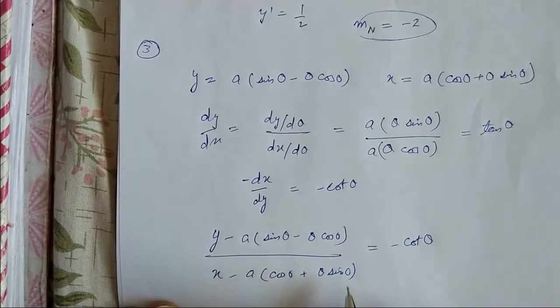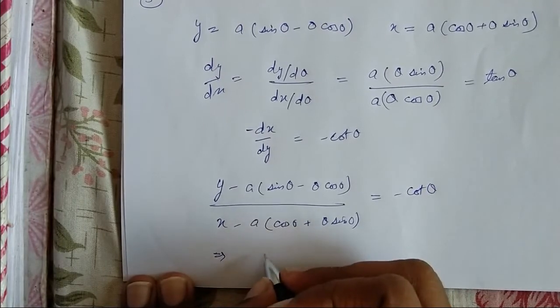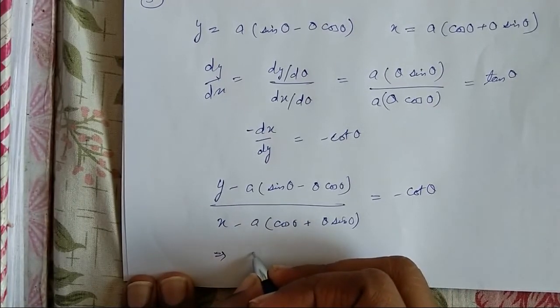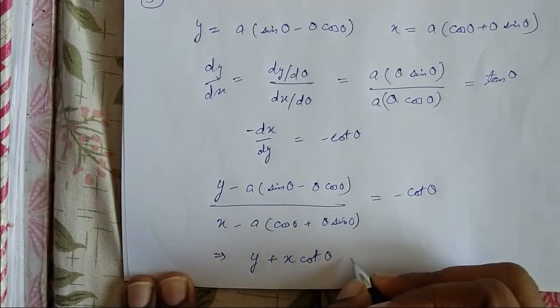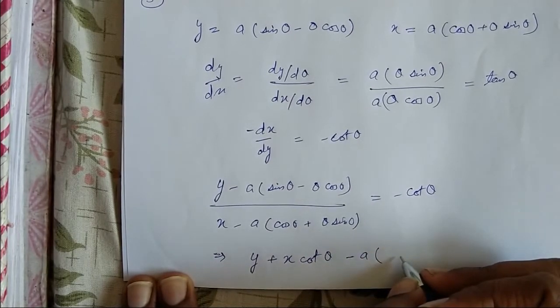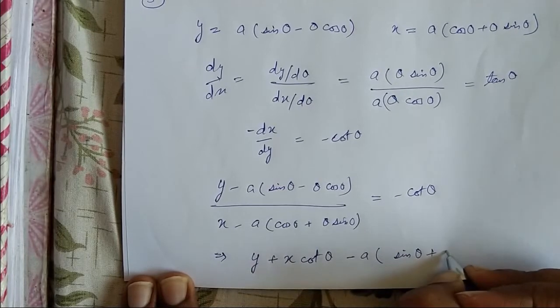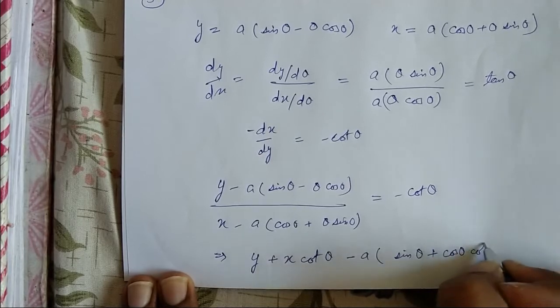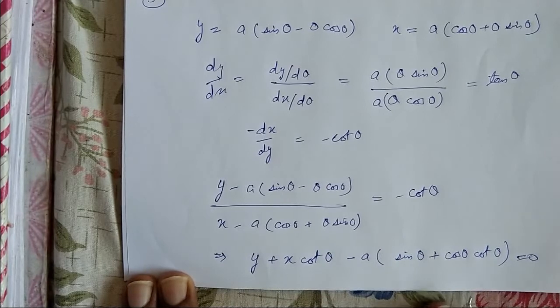Now simplify this. We get y plus x cot theta minus a sin theta plus cos theta cot theta is equal to 0.